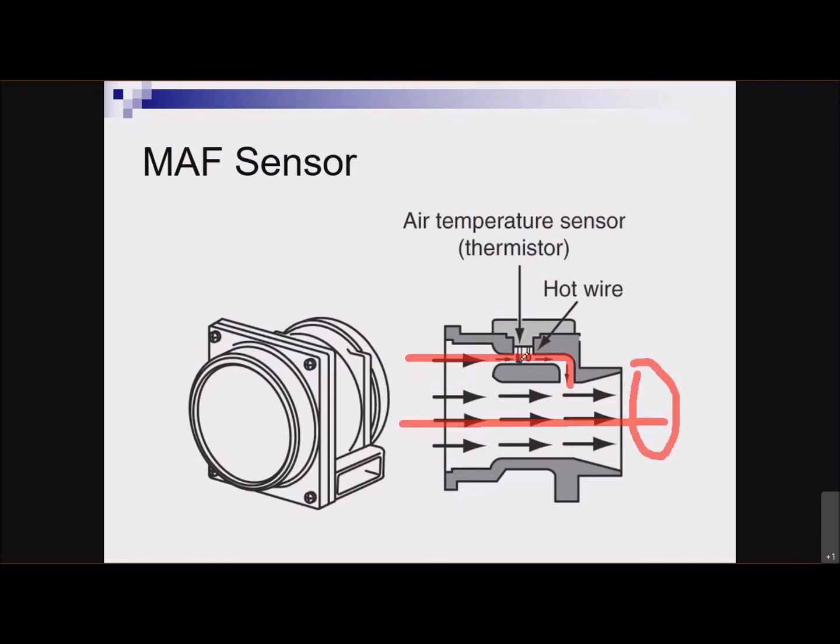Then whatever the sensor measures going through this passage, all it's got to do is multiply by 10 to know what the total flow through the entire sensor is. So even though it's only measuring what's going through here, it can extrapolate, interpolate, whatever word you want to use, to come out with a signal that tells the computer how much air is flowing through the whole thing.